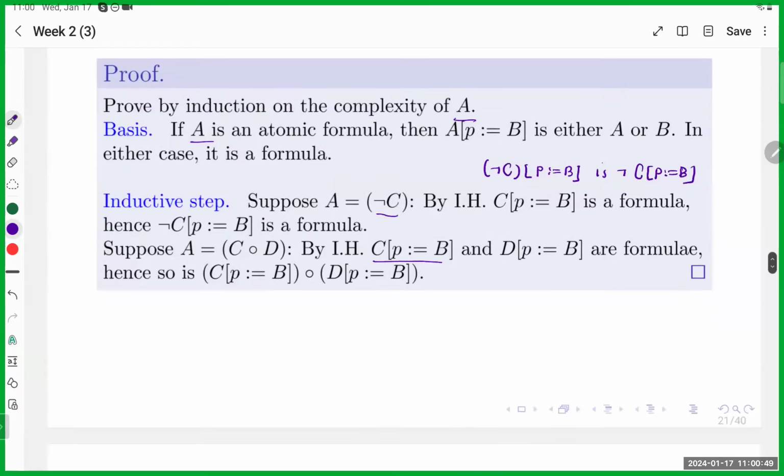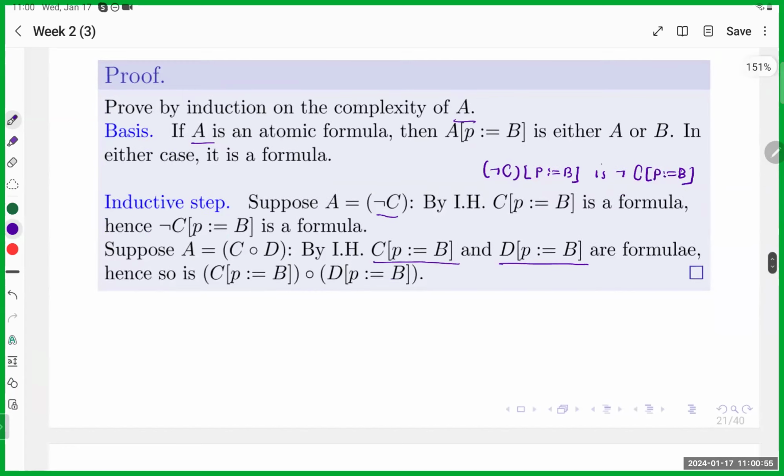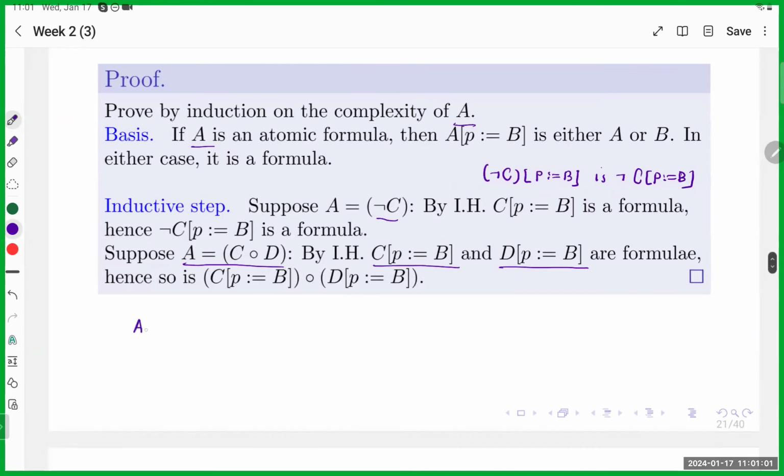Similarly, now we are assuming that the substitutions for C and D are well-formed formulas. Now A is C connective D. So for example, if A is C and D, then we want to show that the substitution in C and D is a formula. This is what we want to show, but we know this by the recursive definition.